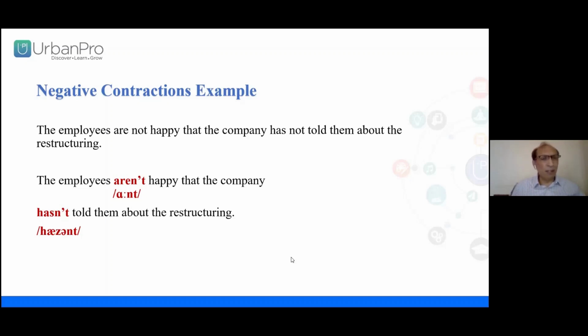You've been to Delhi, aren't you? Okay. So these are tagged questions, and we use negative contractions for tagged questions as well. So for your information, tagged questions do not necessarily need answers. It's more of saying something which is obvious, and you just need the other person to nod and probably agree with it.